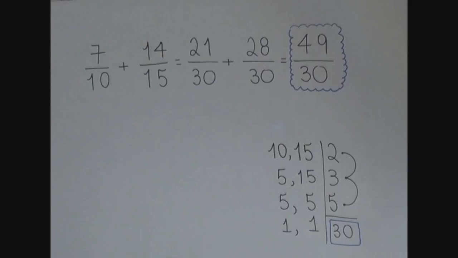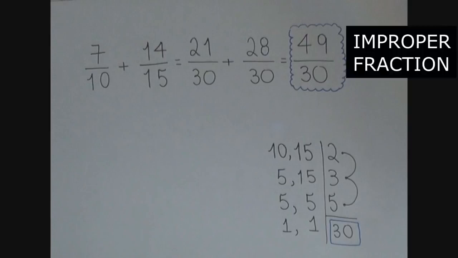Great. What can we say about the fraction 49 over 30? We can say that 7 over 10 plus 14 over 15 equals to 49 over 30. What else can we say? Is 49 over 30 a proper or improper fraction?